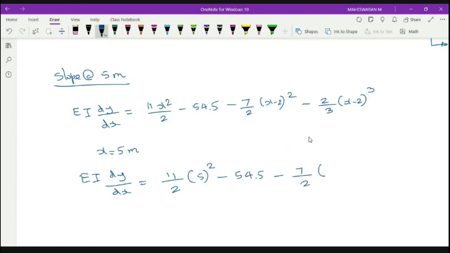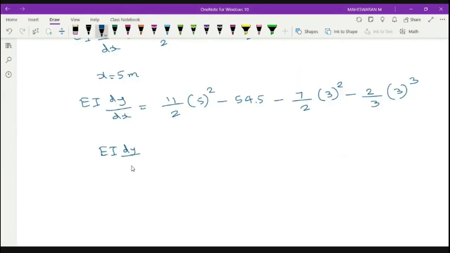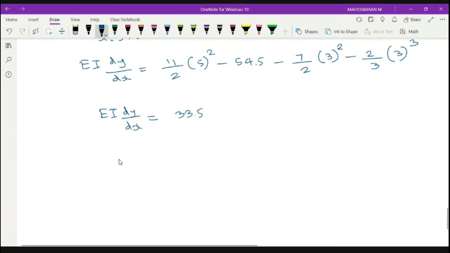So 5 minus 2 is 3, so 3 square, minus 2 by 3, so here also substituting 5, I'll get 3, so 3 cube. Okay, so find out the value of EI dy by dx. We're getting 33.5. Good.